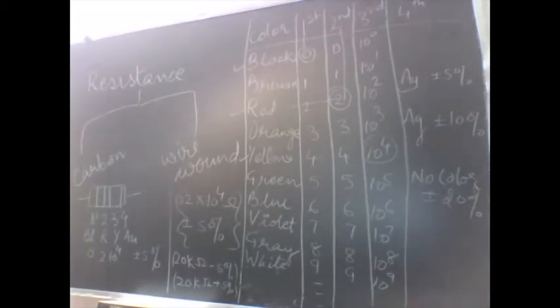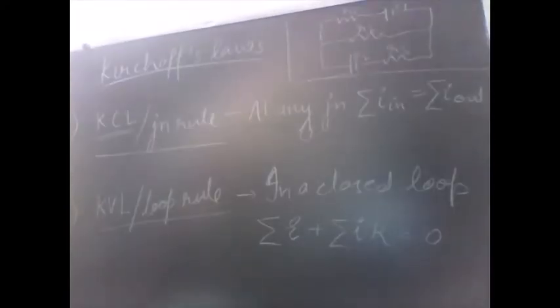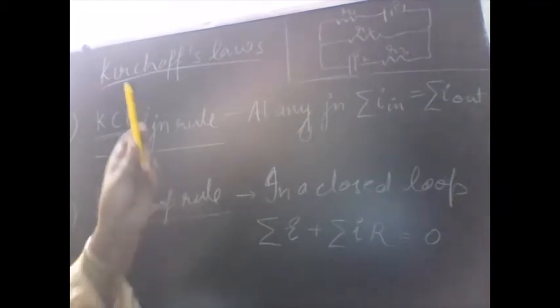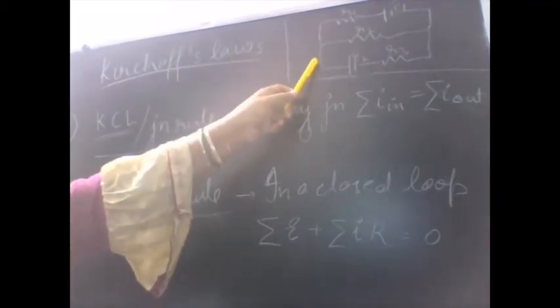that will eventually lead us to various circuit solutions, and for that we need to study Kirchhoff's laws, and there are two laws of Kirchhoff, KCL and KVL. So let us study them. Before we start in detail, let us have a look at the circuit shown in the index.